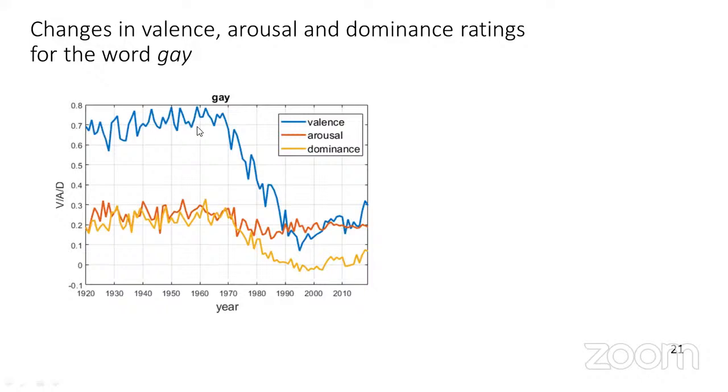Before 1970, this word usually had a completely different meaning than now, so the emotion rating valence was different. This word was more positive than today. But anyway, starting from 1995, the positive meaning increased, and this tendency exists up to now.